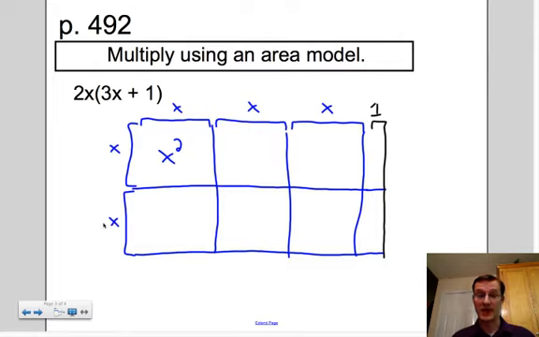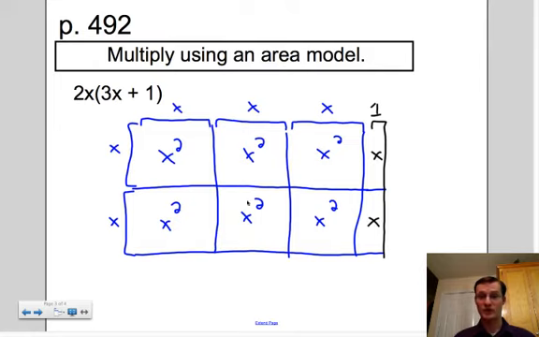The area of this would be x times x, of course length times width, which would be x squared as well. X times x, x squared. X times x, you can see all of these are x squared. And then this one is 1 unit wide and x units tall or deep. So x times 1 would be just x. Same thing here, x times 1 is x.